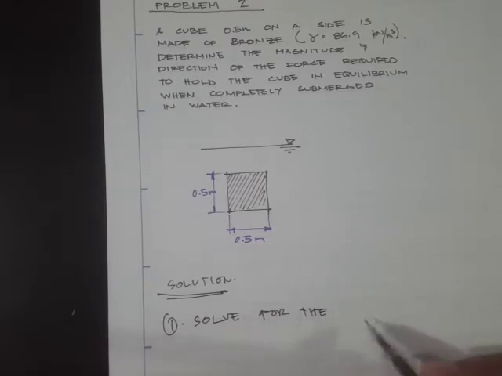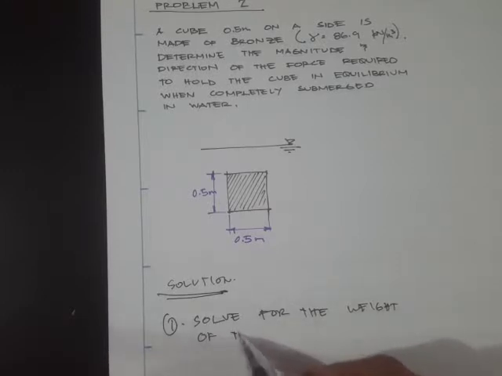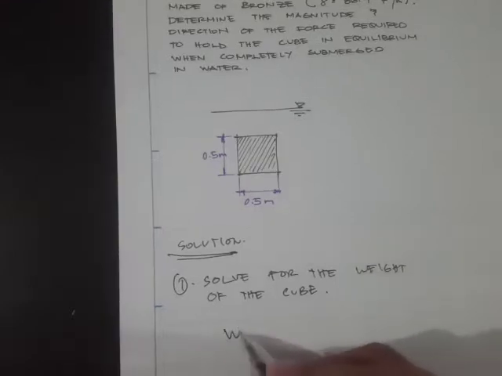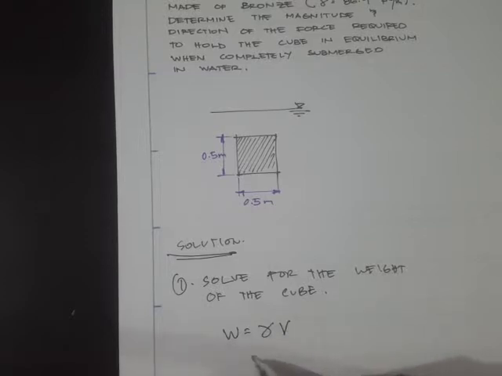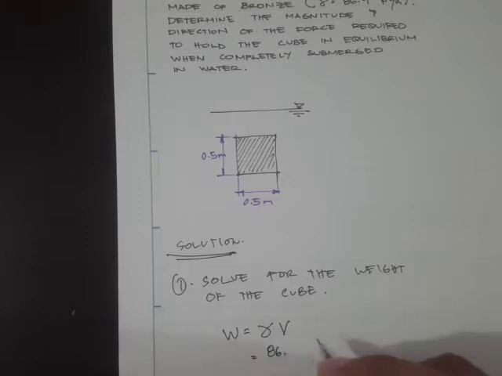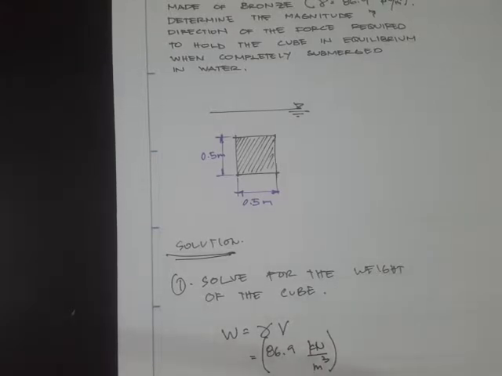Solve for the weight of the cube. The weight is simply the unit weight times the volume of the cube. The unit weight is 86.9 kilonewton per meter cube times the volume.